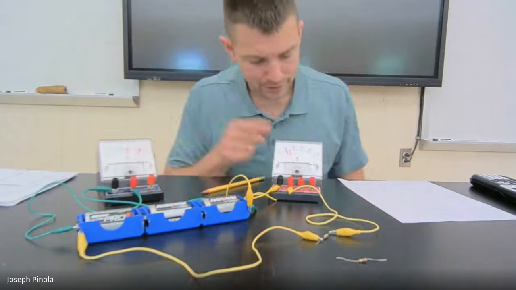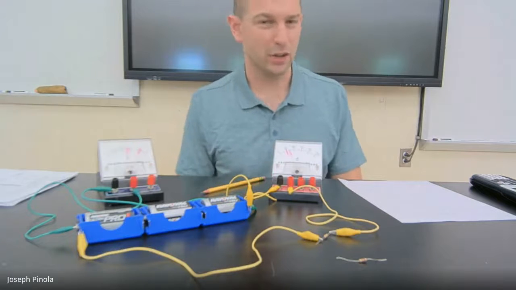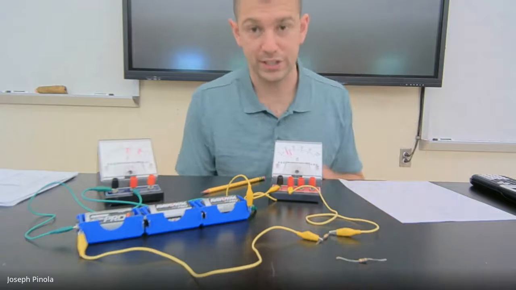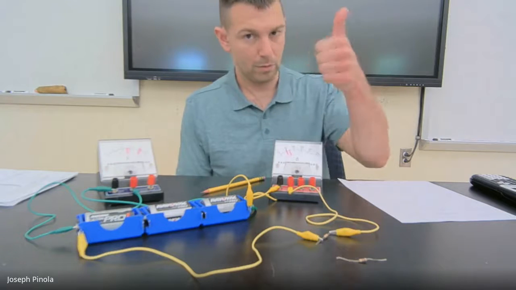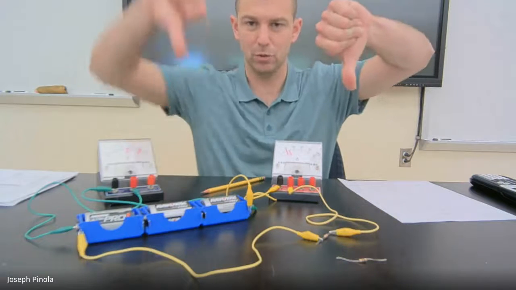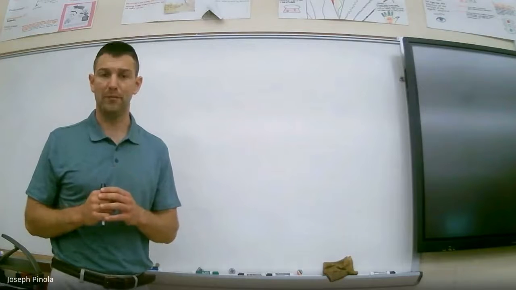Voltage went back up and current went back up. Clearly, voltage and current have a direct relationship, provided that resistance stays the same. More voltage yields more current, and less voltage will yield less current. So now let's dive into a little bit of math about this.